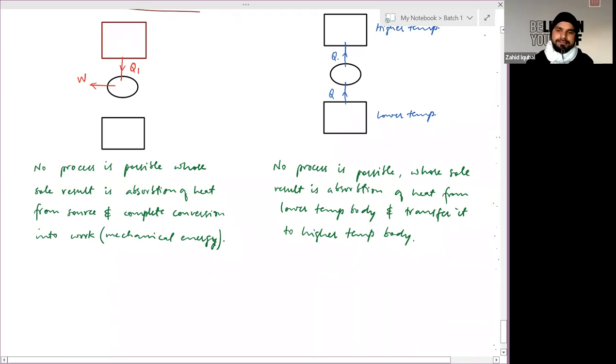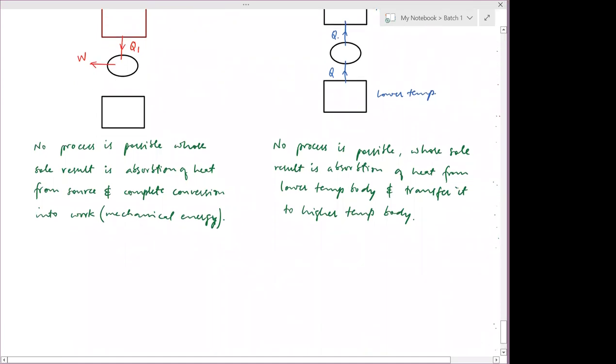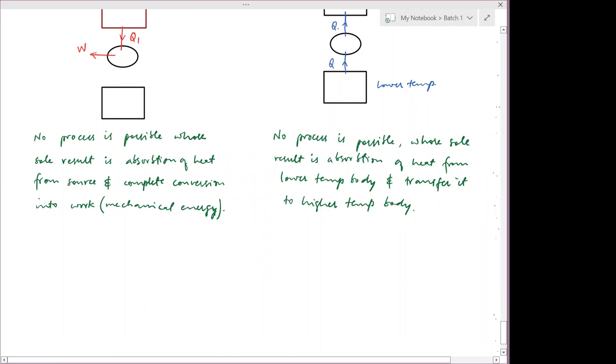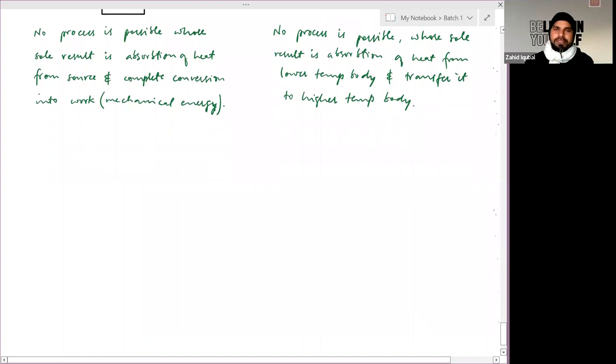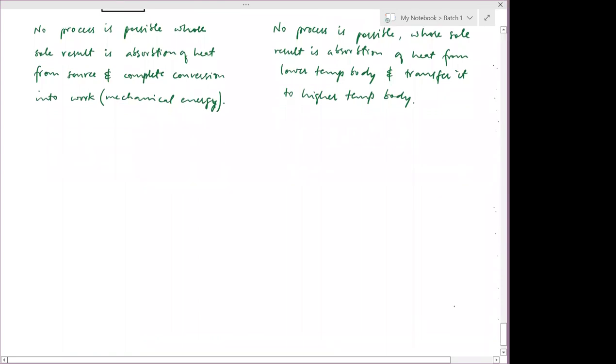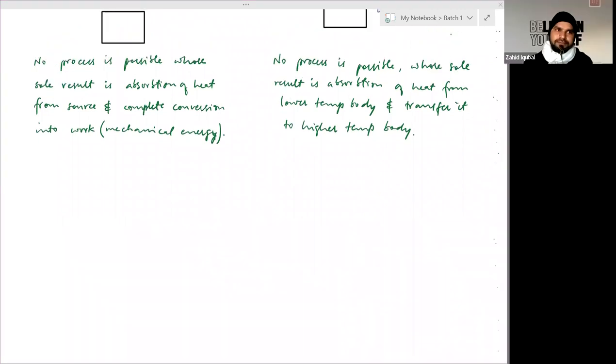Hamza, done? Yes, sir. Any doubt? No, sir. Now, from this part, wait a second. I had to finish writing. Wait. Okay. Yes, sir. Done.